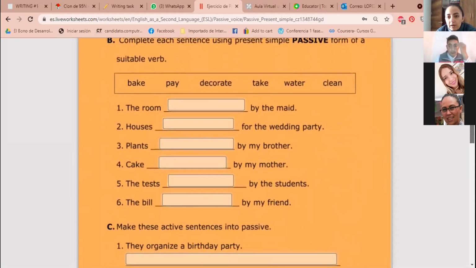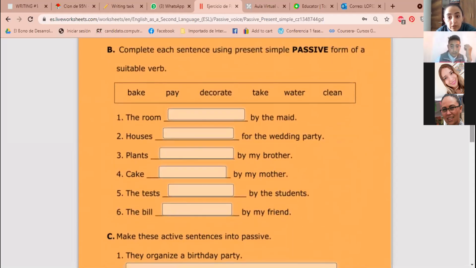The second part, it's a little bit more difficult. Y ya la segunda parte se pone un poco más difícil. What are you going to do? You remember that to form the passive, we need two things. Necesitábamos dos cosas para el pasivo. Conjugar el verbo to be, ¿no?